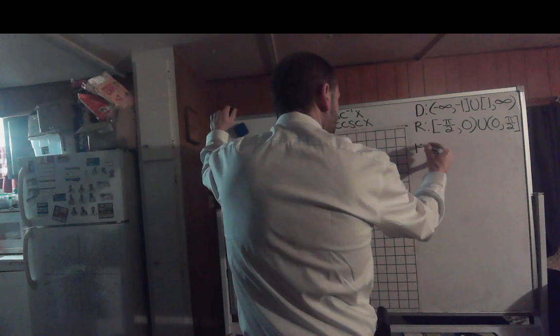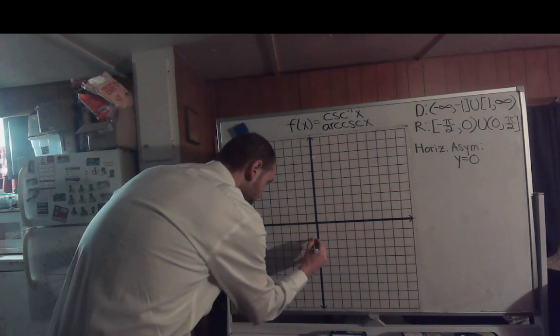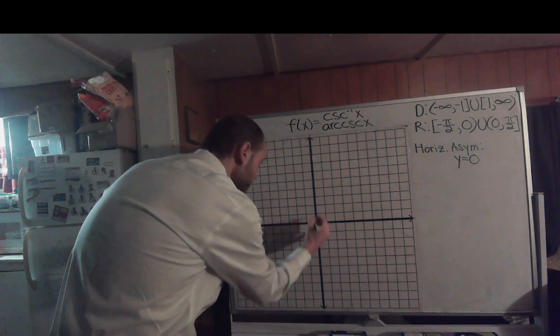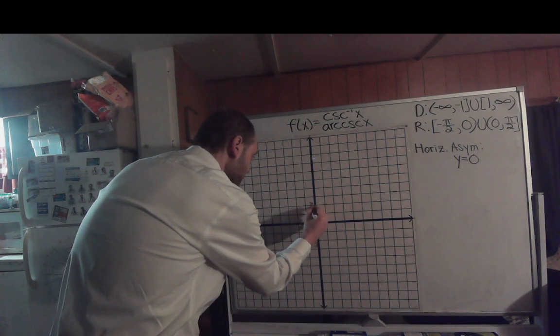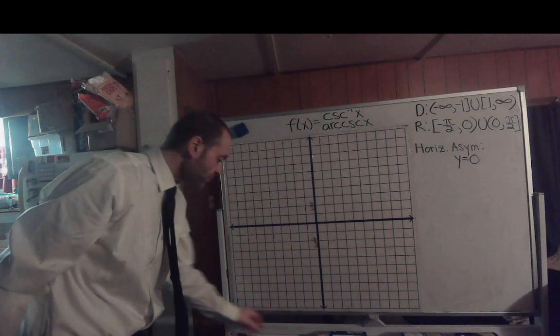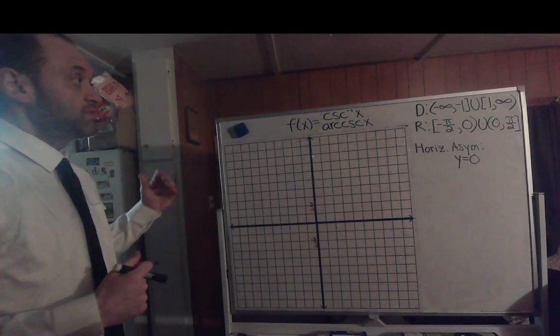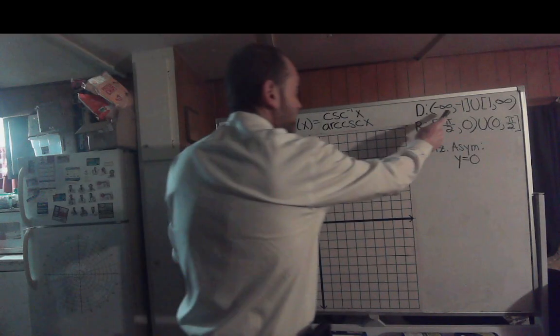Now, that means you're going to have a horizontal asymptote at y = 0. So let's put -pi/2 down here. Let's put +pi/2 up here with a horizontal asymptote at y = 0. So what gives us a cosecant inverse of -1?